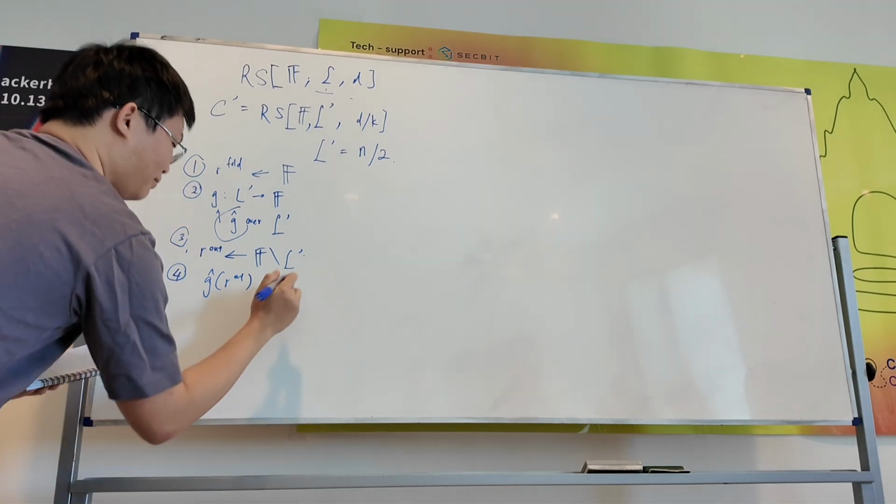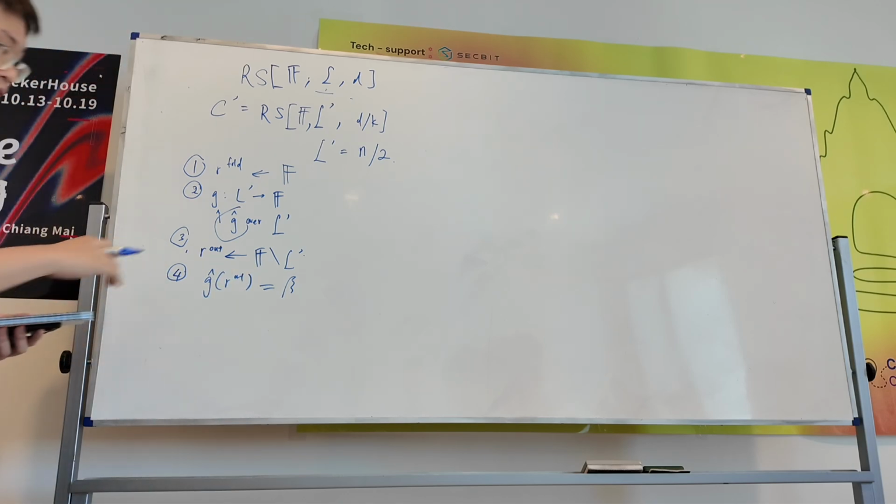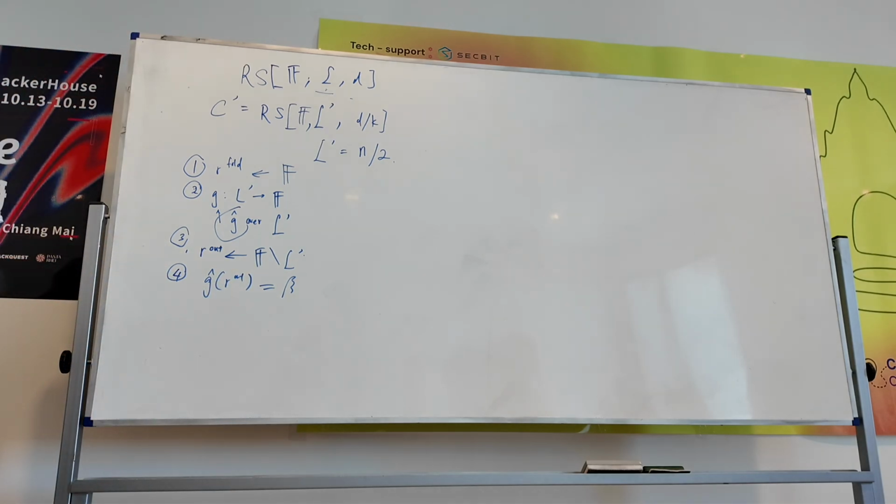This evaluation result is computed by the prover and sent to the verifier. From my understanding, this two-step comes from the DEEP paper. If I'm not wrong, it's supposed to improve the soundness, but I'm not very sure about the details.